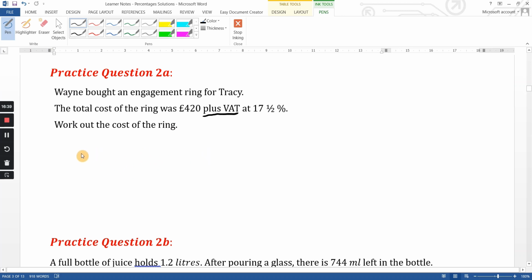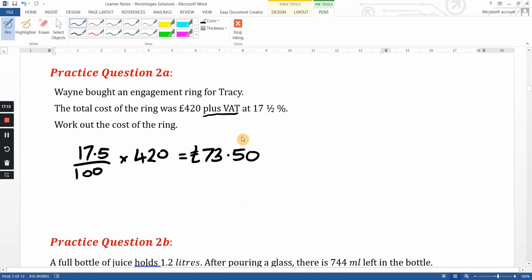So let's assume this is on the calculator paper. So I need 17.5% of £420. I get, as a decimal, 73.5. And obviously this is in pounds. Don't forget the 0. So this is not your final answer.